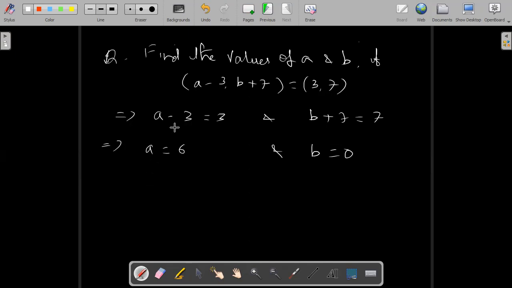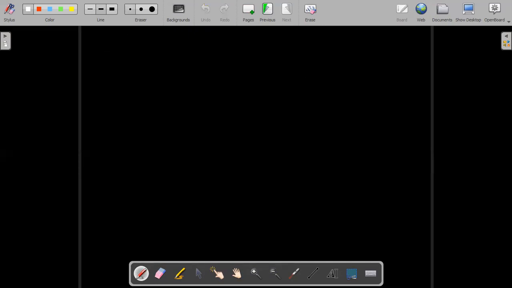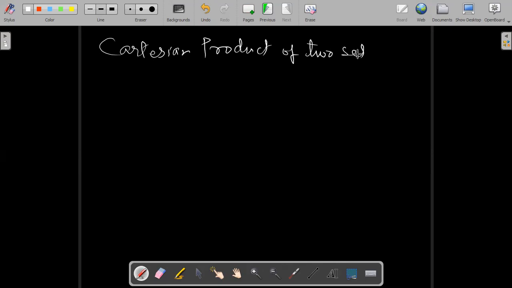So we can equate. Now we have the Cartesian product of two sets. What is the Cartesian product of two sets? I will explain first, then I will write the definition.